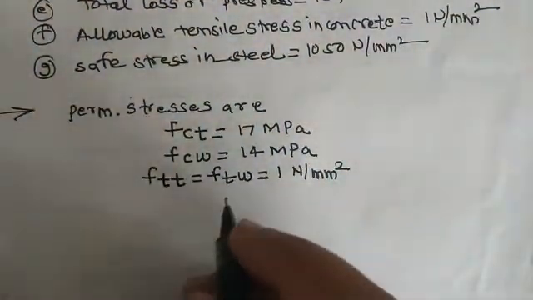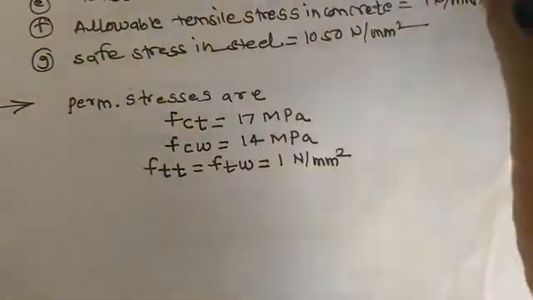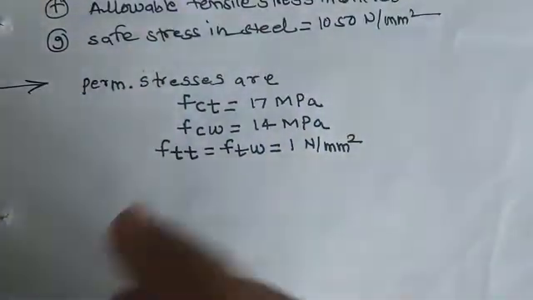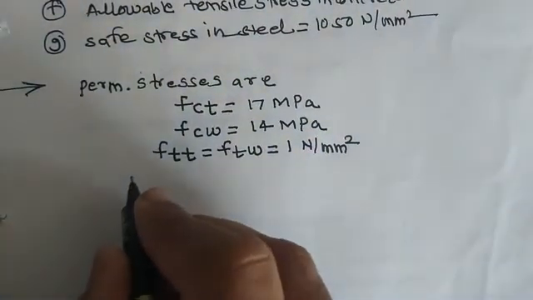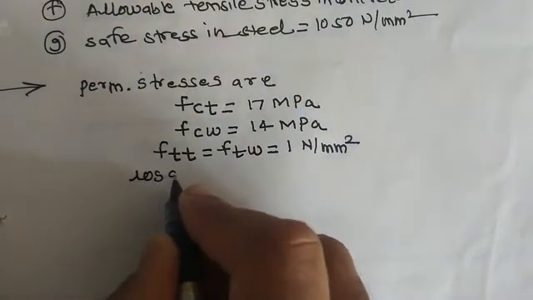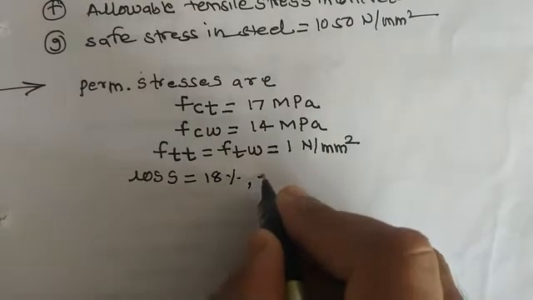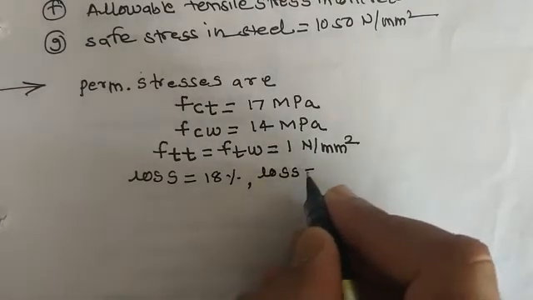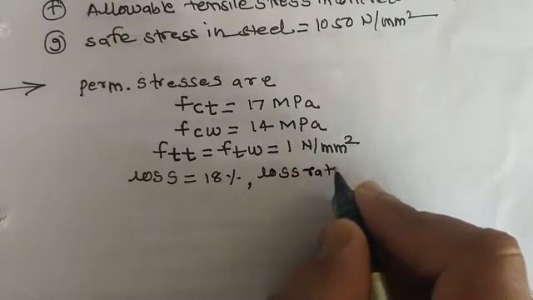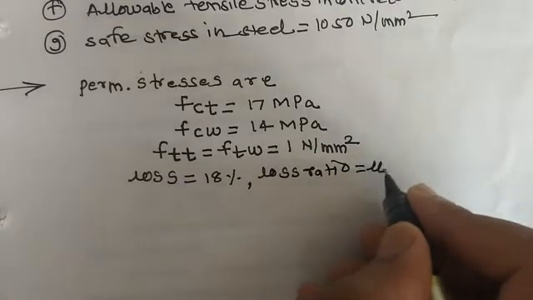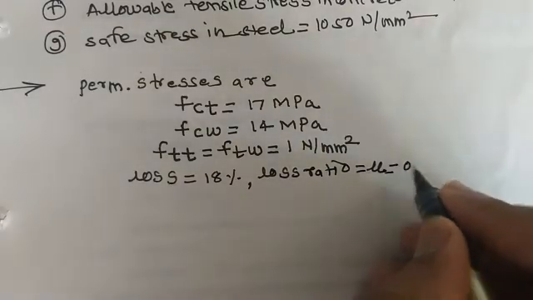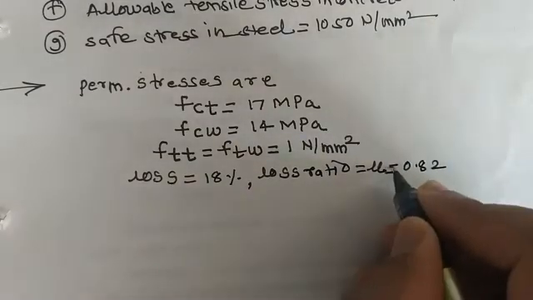So loss is given, loss is 18%. So loss is 18% means loss ratio mu is equal to 0.82.